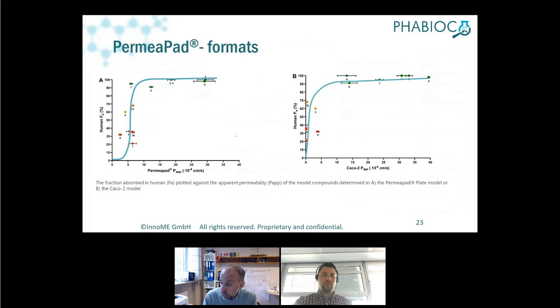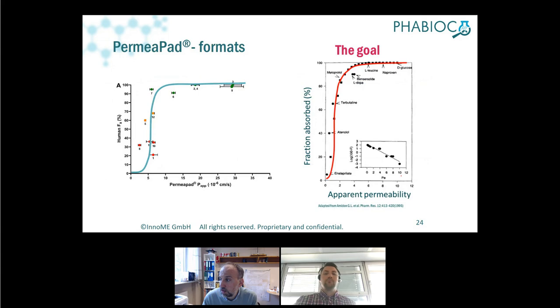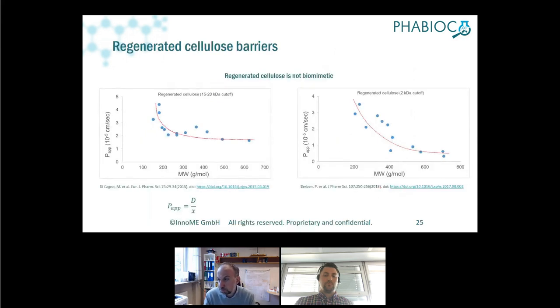And actually, the correlation they got in this work is extremely good, up to the Caco-2 cells basically, indicating that PermePed is really a very nice permeation barrier, very close to resembling the logarithmic correlation between fraction absorbed and apparent permeability that, in theory, should be present.